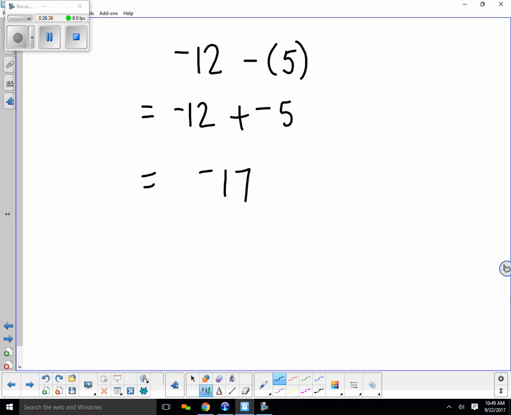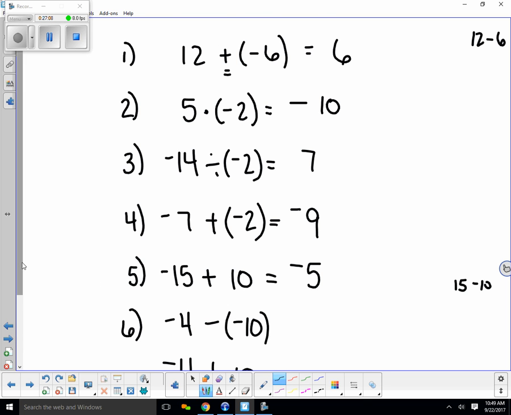Okay. Did you subtract? Sounds like you subtracted. Why would you subtract? Once you rewrite it, and we get this addition statement, we go back and follow the addition rules. Okay, but look here.